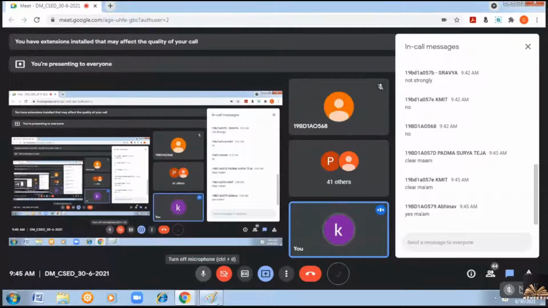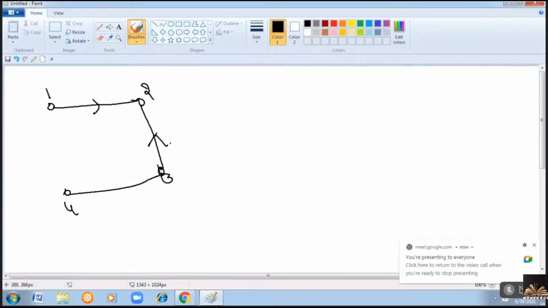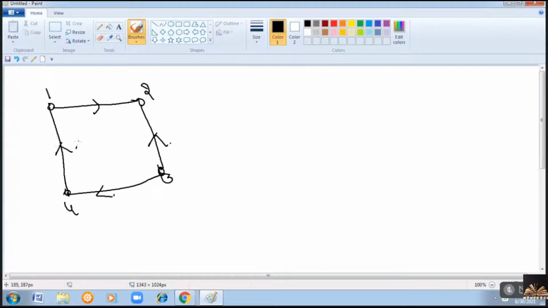Now, let me give you one more example. So consider this graph and tell me whether it is unilaterally, strongly or weakly connected. Whether it is strongly connected or not, you tell me first. Take this graph.